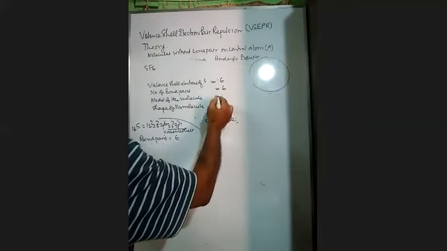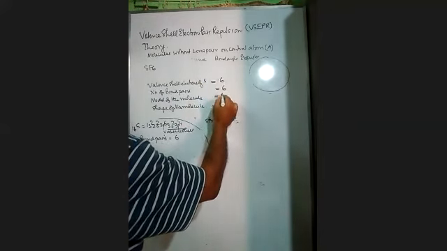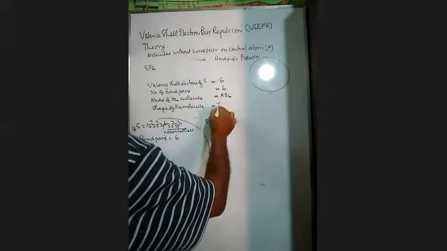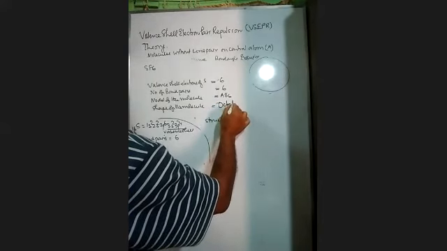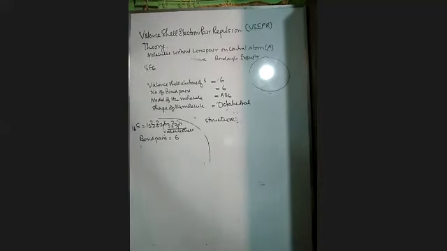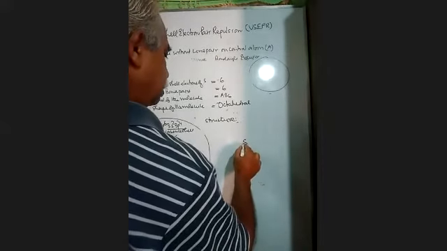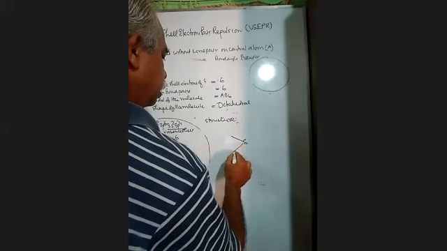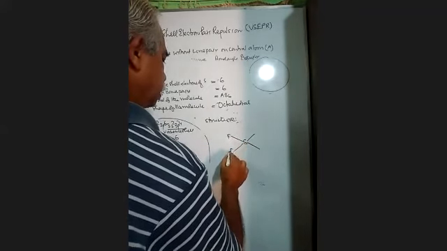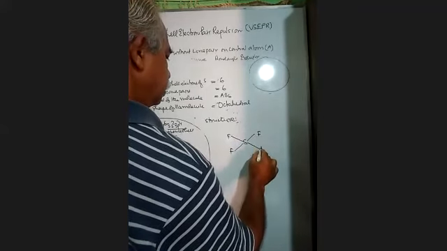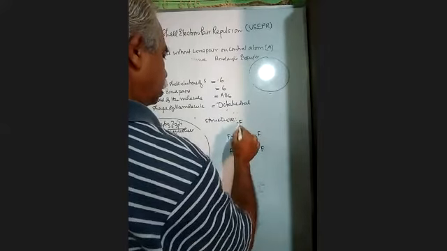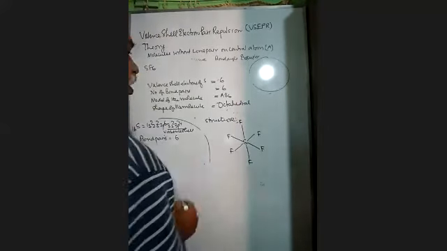Model is what? AB6. Shape of the molecule, octahedral. How would it look like? Sulfur, F, F, F, F. So this is octahedral shape.